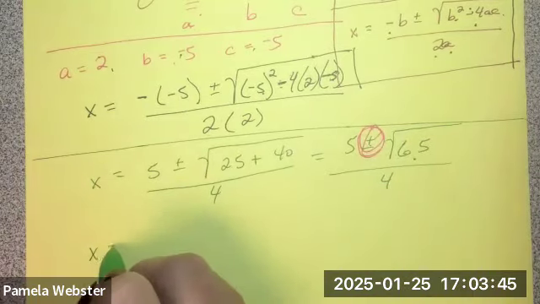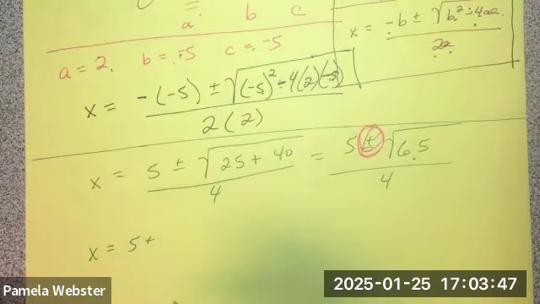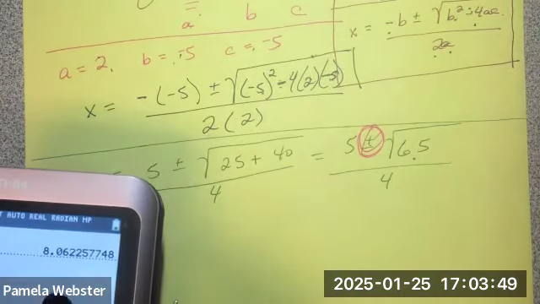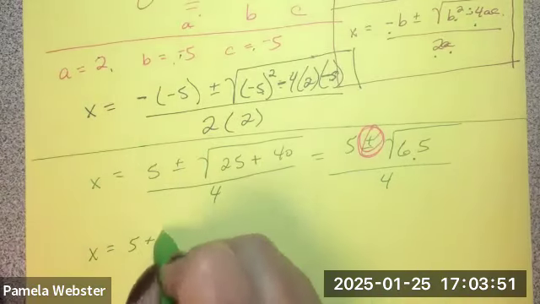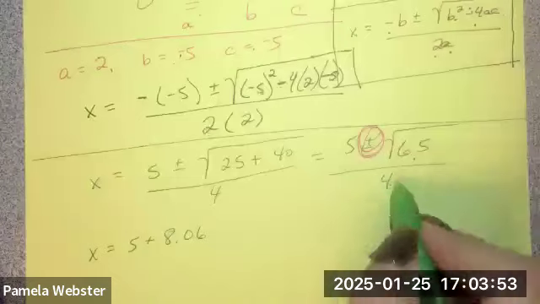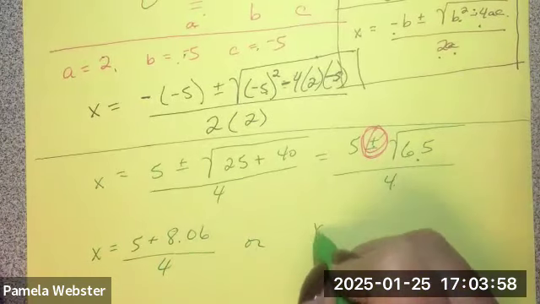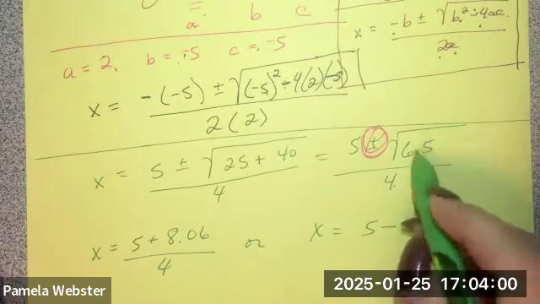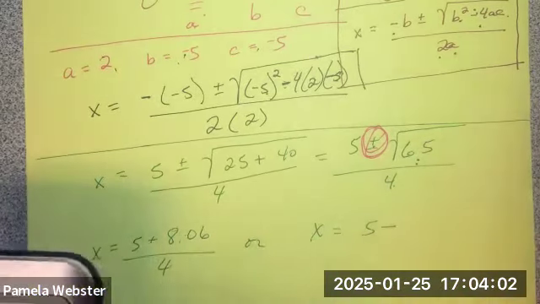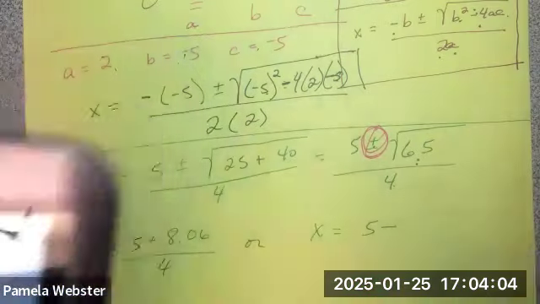So I've got x equals 5 plus, and I'm going to put in this 8.06 for square root of 65, over 4, or the minus. X equals 5 minus, again, the square root of 65 is 8.06, right?